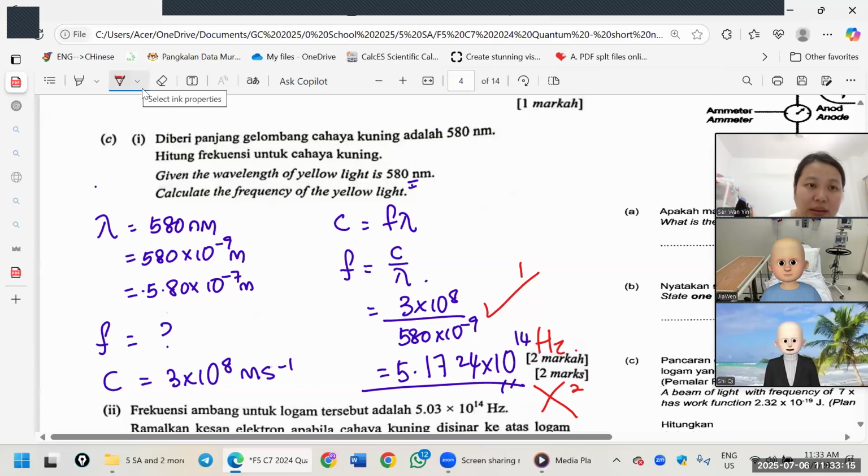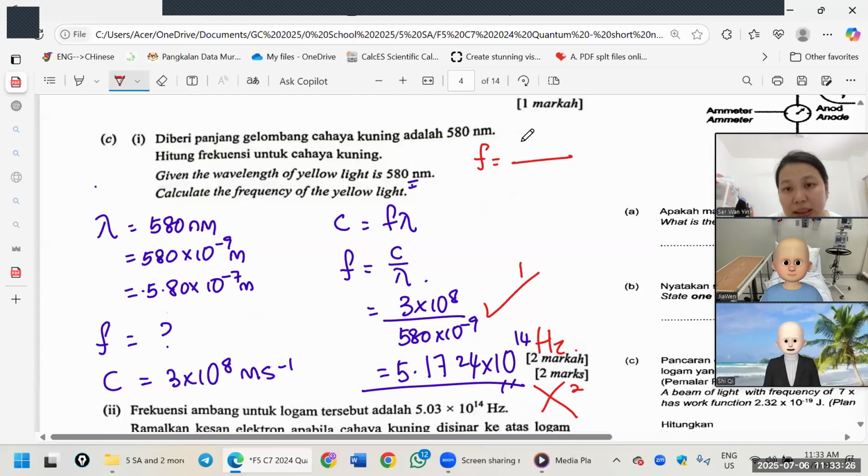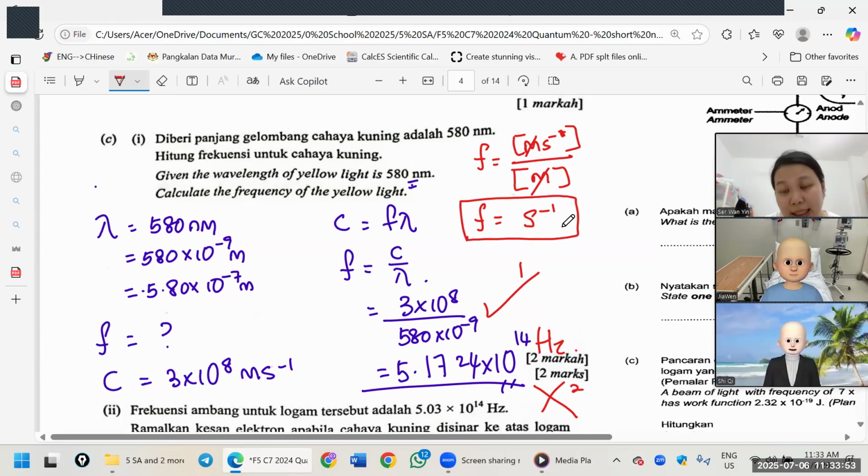I also saw quite a few people forgot. If you forgot, it doesn't matter. See, c is meter per second, lambda is meter, so m and m cancel. You will get frequency is per second. Also, you can do this. I prefer you use hertz, but worst come to worst, you forgot, you can use per second.